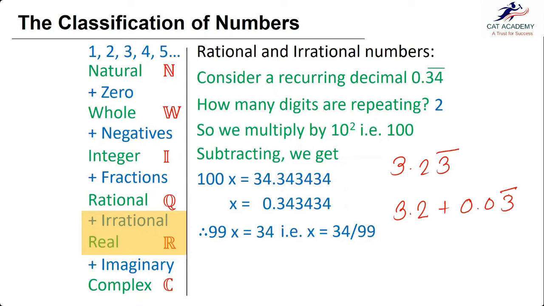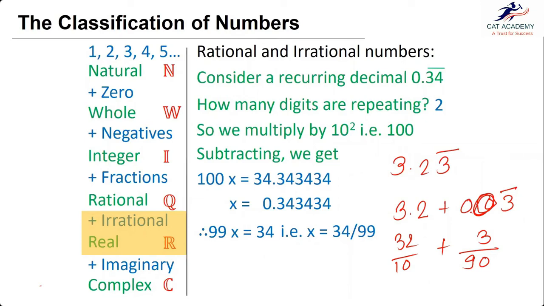Had it been 0.3 bar, I would have written 3 by 9. But since it is 0.03 bar, I would write it as 3 by 90 instead of 9. So 3.2 can be written as 32 by 10. And then you can do it. So this would be the shortcut. Why 90? Because there is an additional 0 after the decimal. That's why 90 instead of 9.